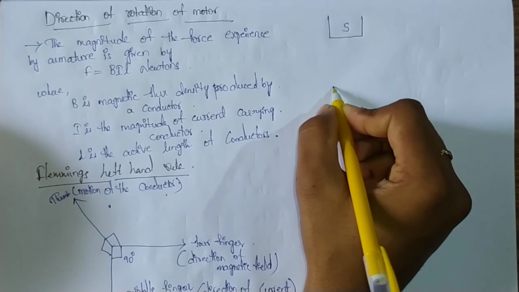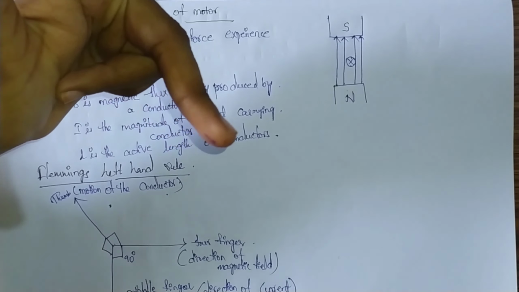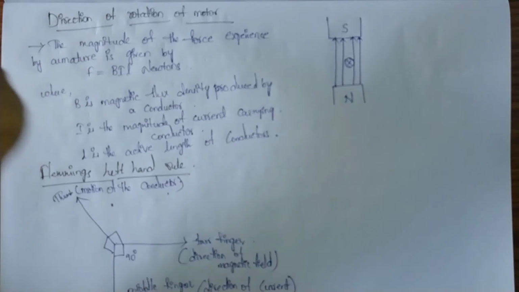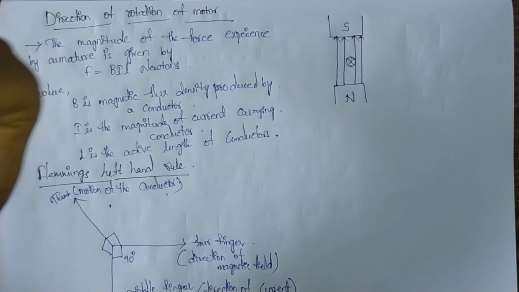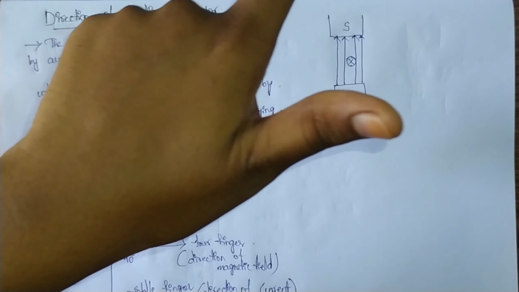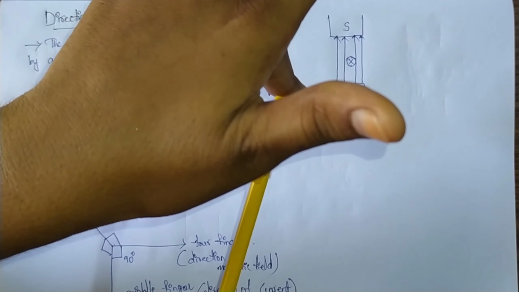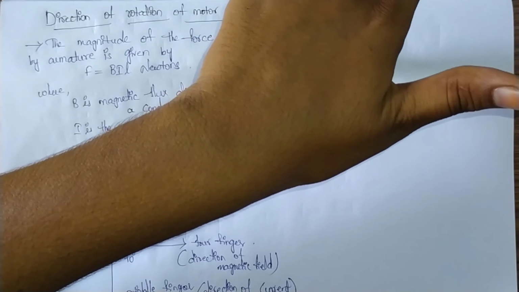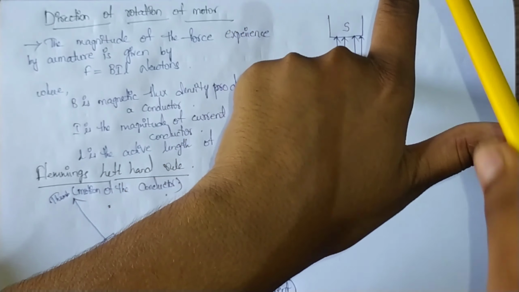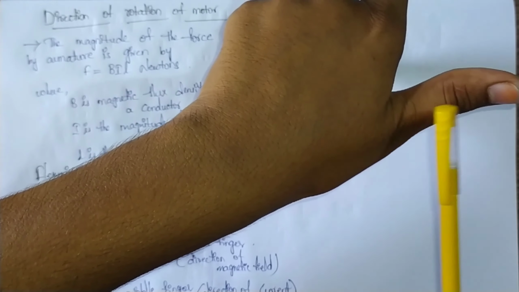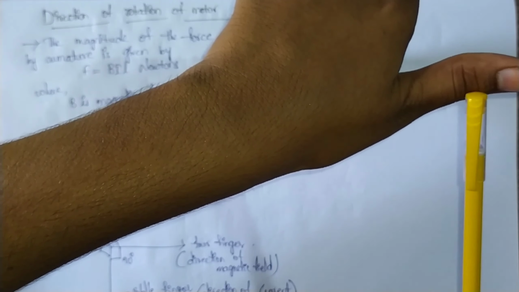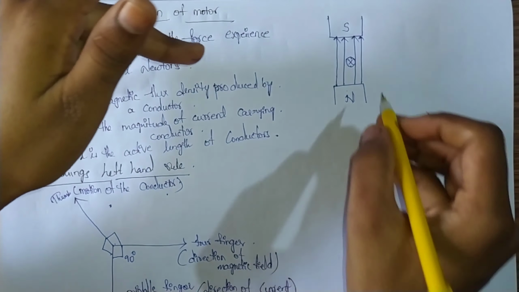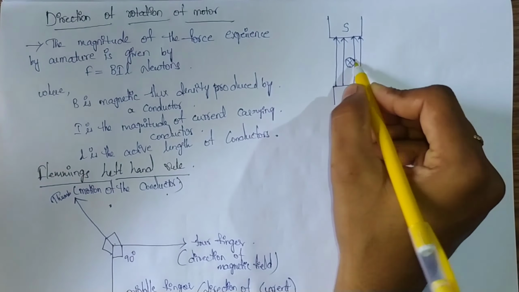Using Fleming's left hand rule, the forefinger shows the magnetic field direction from north to south, the middle finger shows the current going inwards, and the thumb represents the force, that is, the motion of the conductor. The force direction is like this.